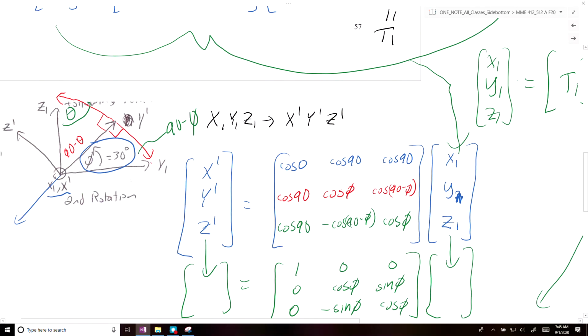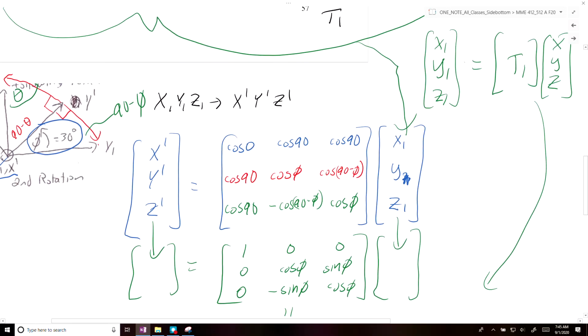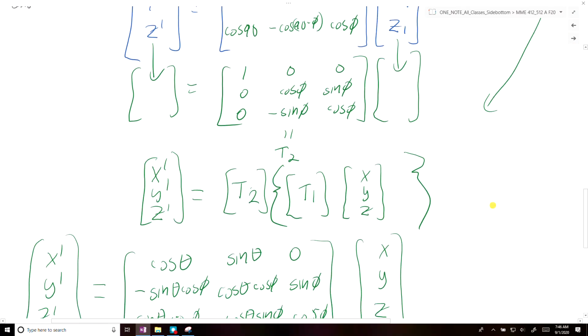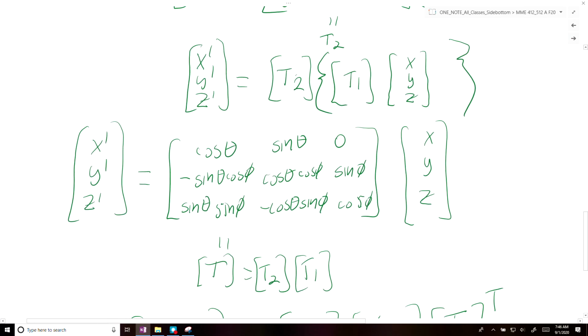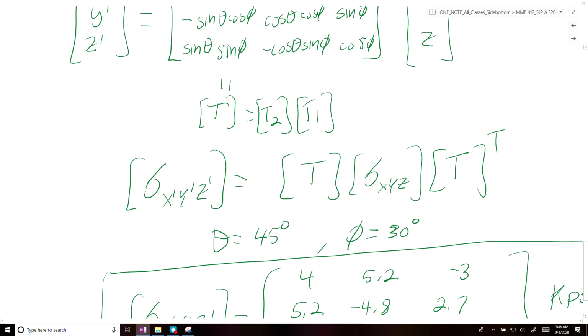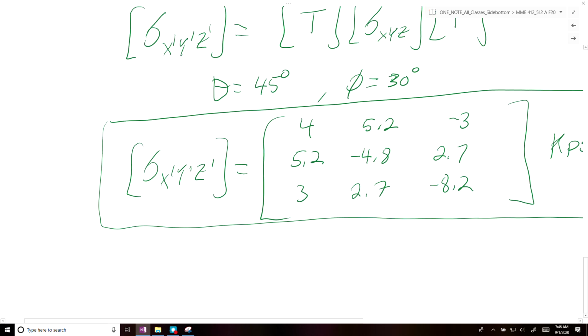We did the same thing to go from the intermediate system to our final system. We could then substitute in our first transformation to get a single transformation matrix that we use to transform our stress from the xyz coordinate system to the x prime, y prime, z prime coordinate system. So that concludes this video on stress transformations in 3 dimensions.